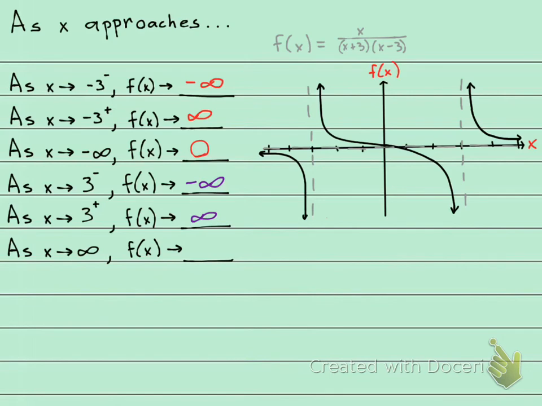Well, here's my x, and if I'm going to infinity, where's my graph going? It's going to get closer and closer to 0. So it approaches 0. It gets closer and closer to 0. Right? See how it's flattening out right here at 0?